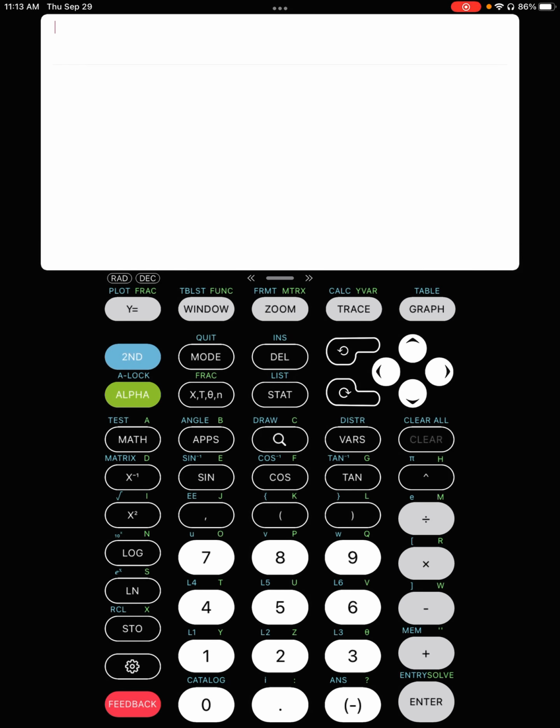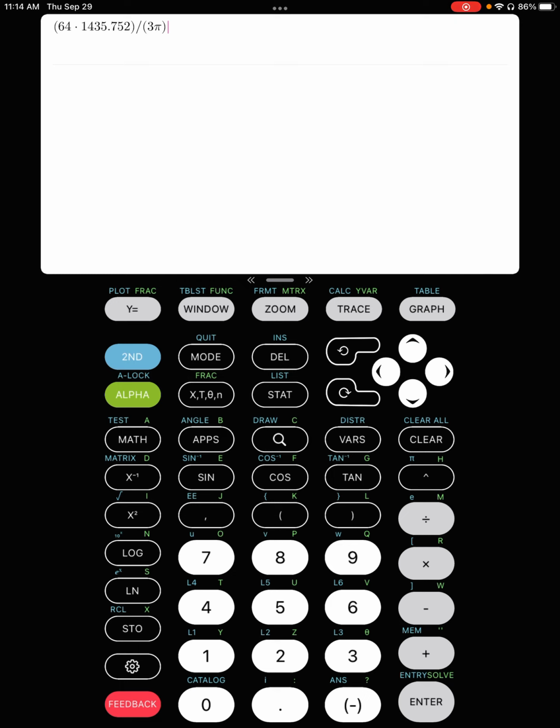Here's my graphing calculator. Let's do 64 times 1,435.752, right parenthesis, divided by 3 pi.